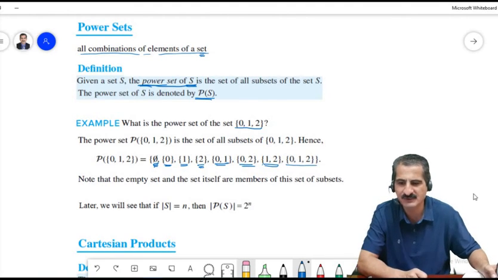If you notice, in the power set, the set itself lives in the power set, and the empty set is in the power set.